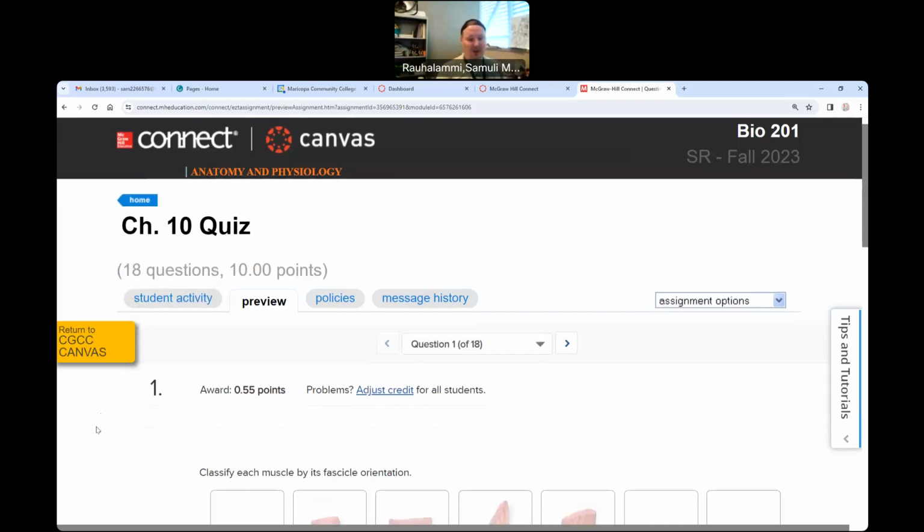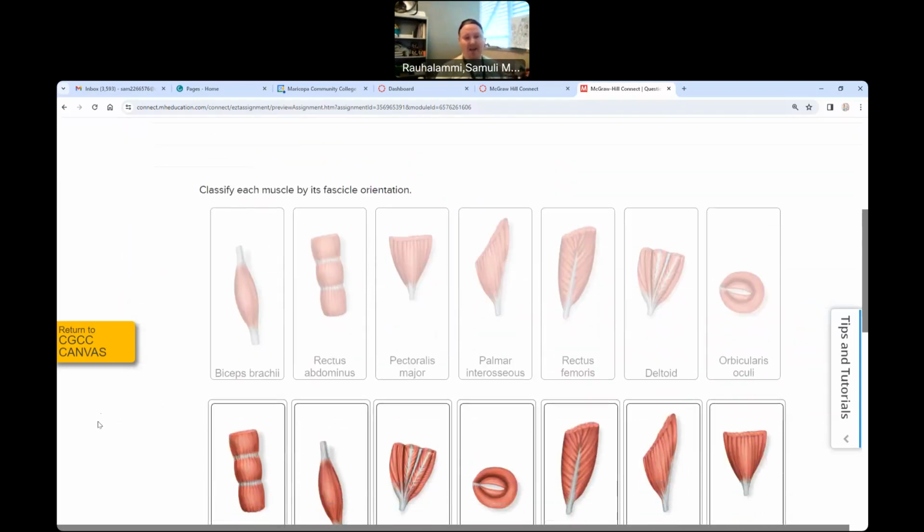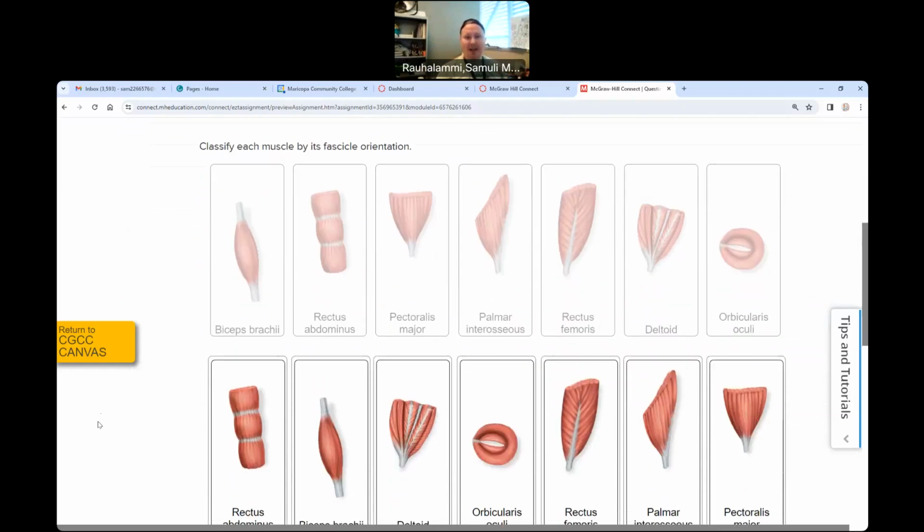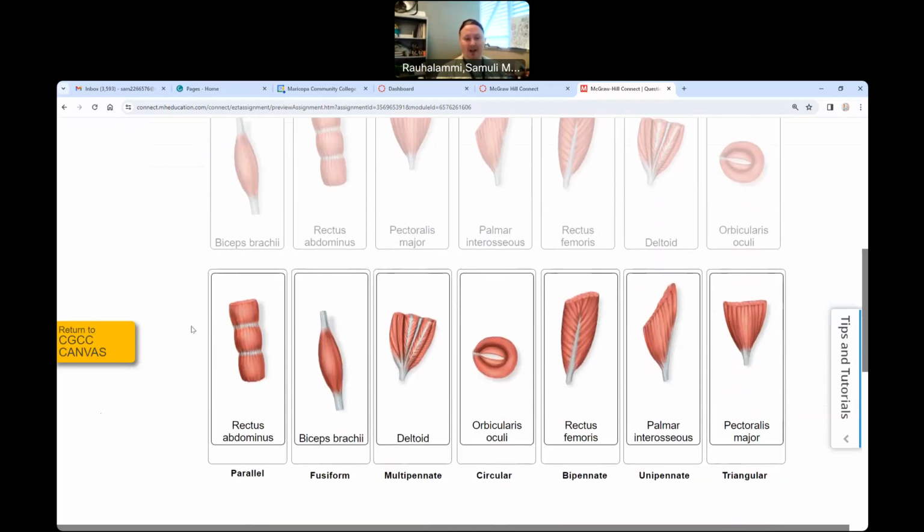guide us towards doing. So for example, here you're doing a drag and drop of classifying each of the muscles that are being shown to you, and these are real muscles in the human body, based on their fascicle orientation. So we're seeing, for example, rectus abdominis having these parallel muscle fibers that are running in the same direction. So rectus abdominis is a good example of that.